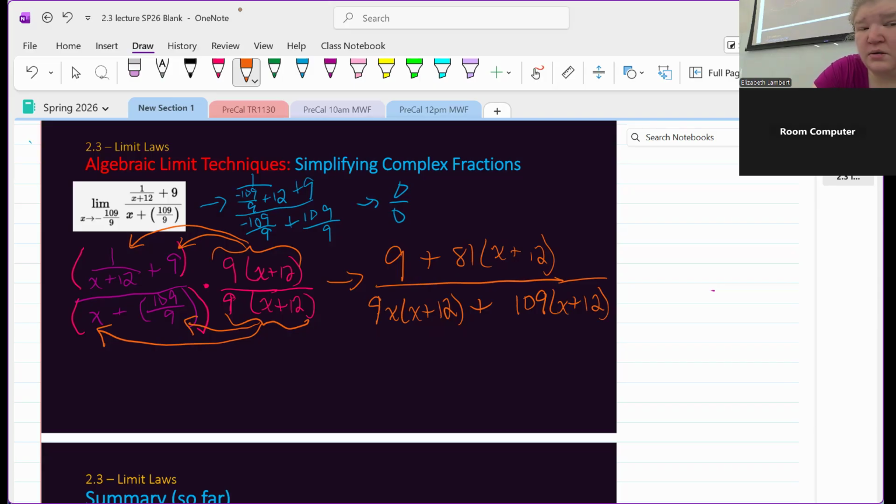So we went from little tiny fractions to it's a little uglier, but now there's no more little fractions.